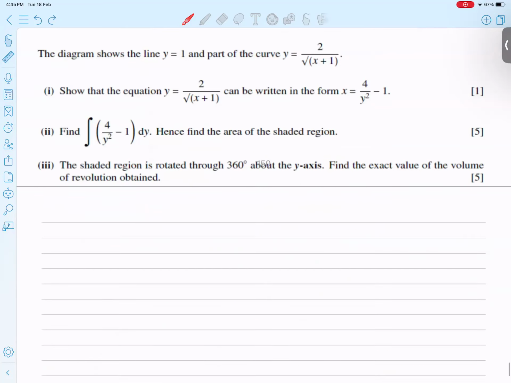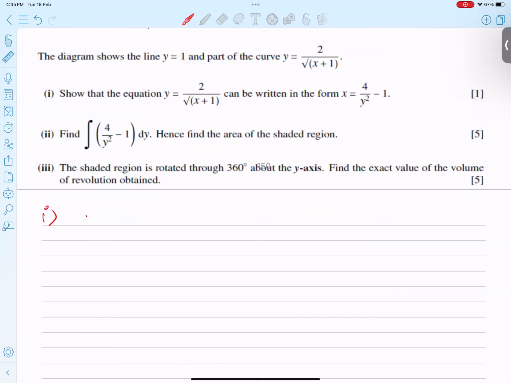So let's try. Bismillah ar-Rahman ar-Rahim. First of all, I have to make x alone. So job number one, squaring both sides. The square of y becomes this, the square of 2 becomes 4, and the square root will finish automatically.